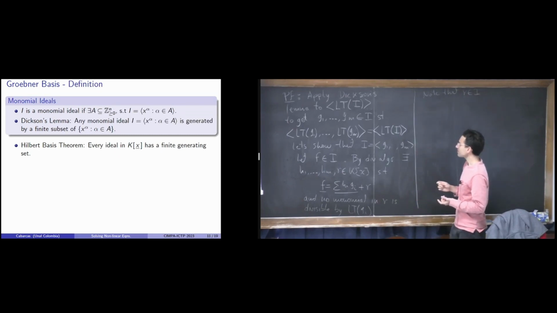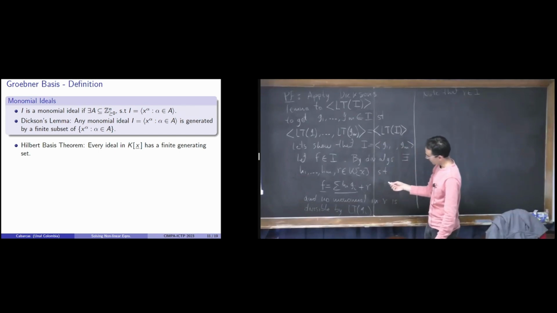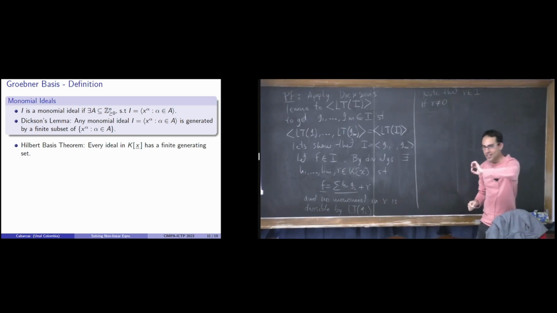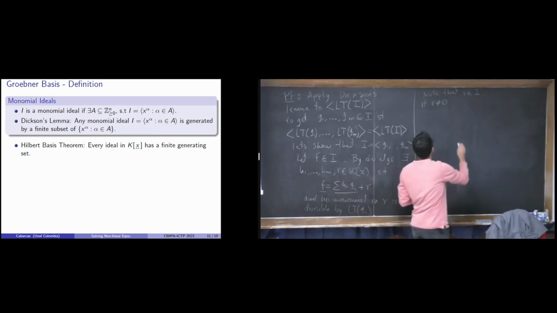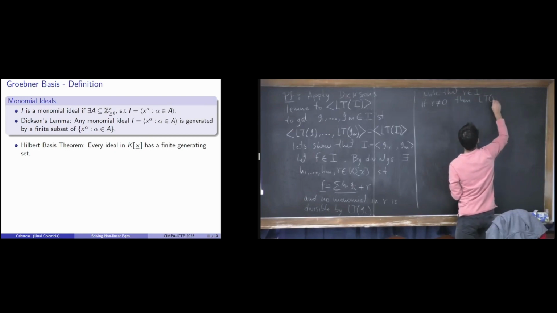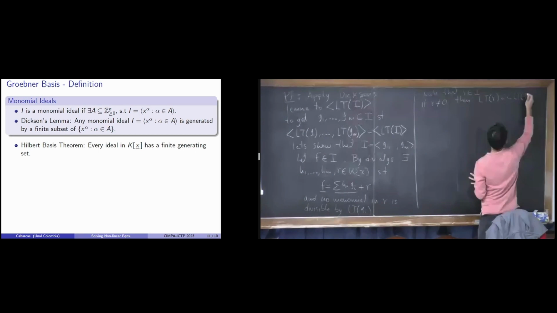And if R was not zero, if R was different from zero, and we looked at any of its monomials, then we get a problem. Then the leading term of R belongs to the ideal generated by the leading terms of the ideal.